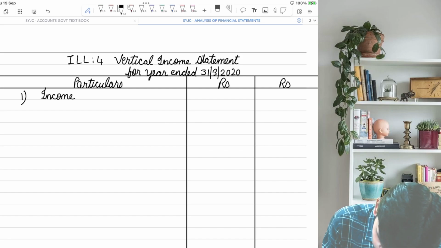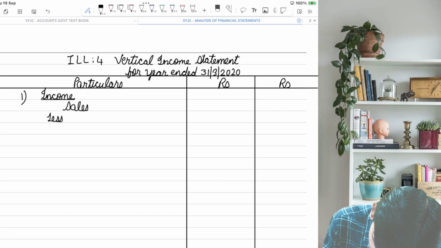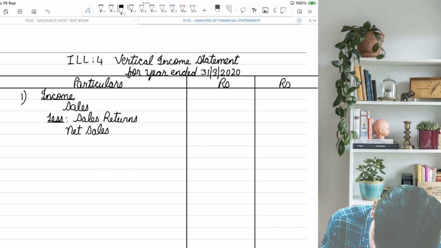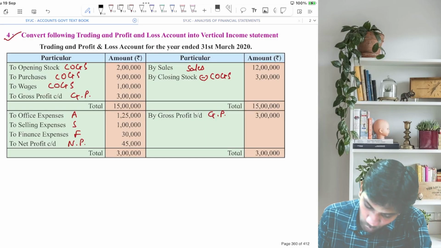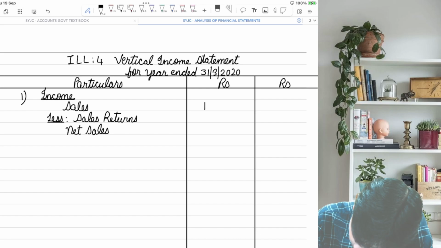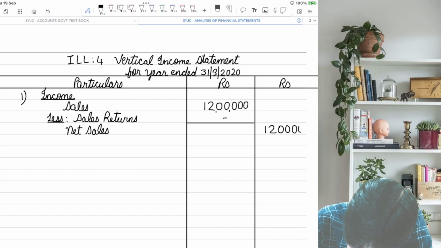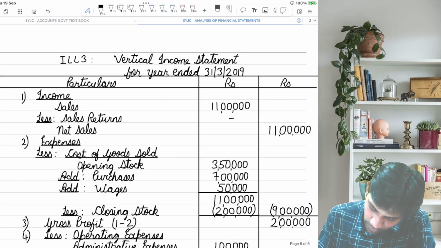We have sales, less sales returns, and we get net sales. How much sales do we have? 12 lakhs, no returns. We'll go to the outer column, 12 lakhs for net sales.